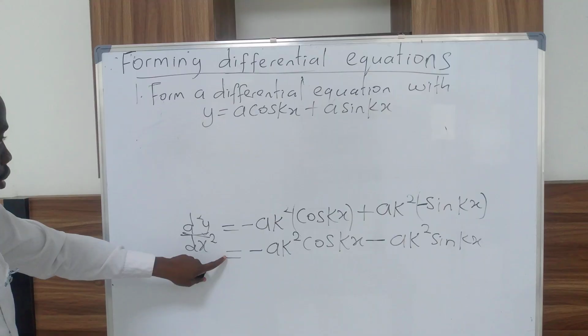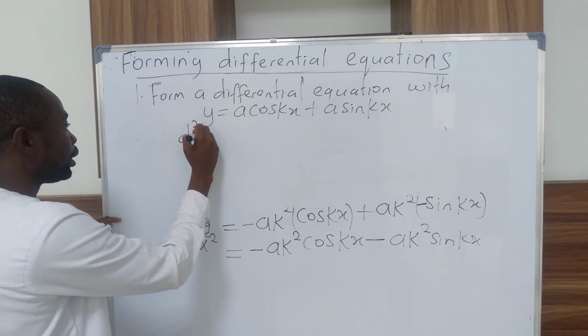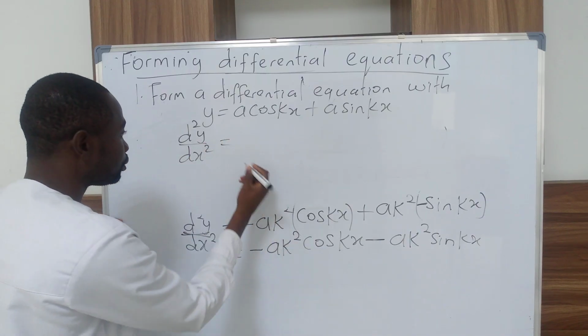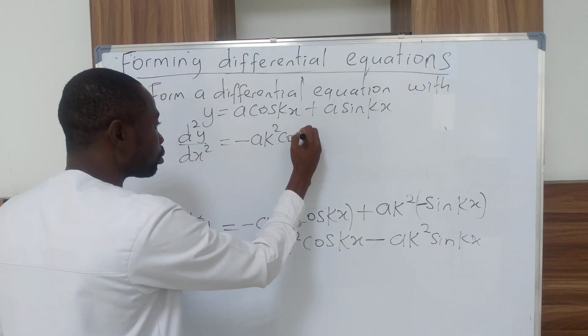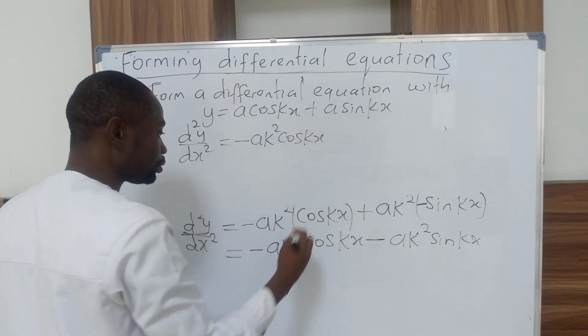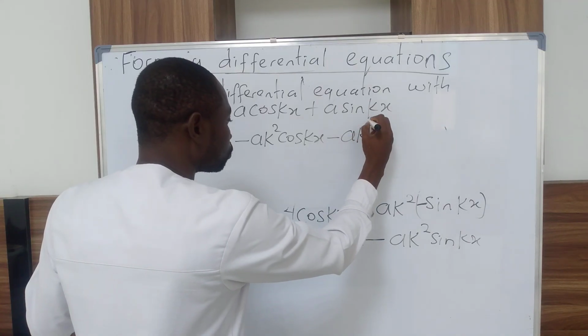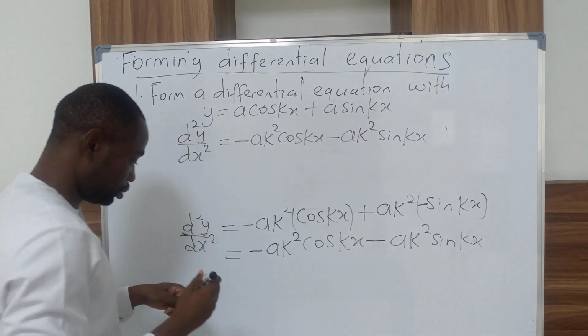Now, from here now, I have gotten d squared y over dx squared as minus ak squared cos kx minus ak squared sine kx.